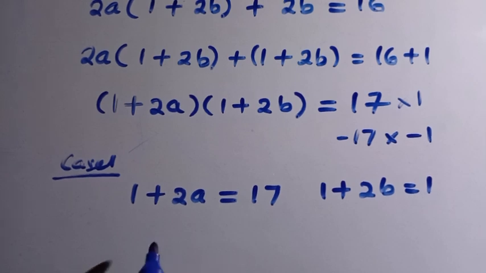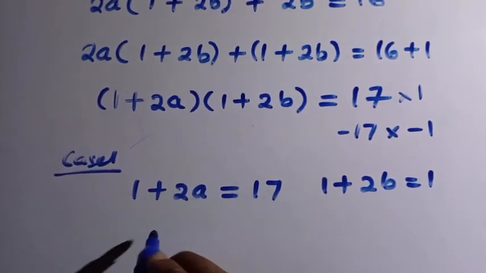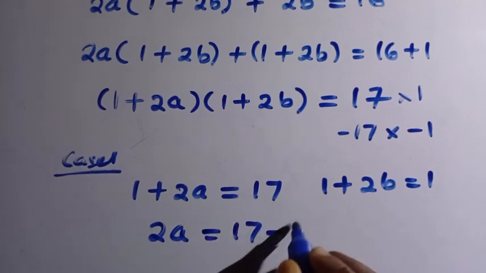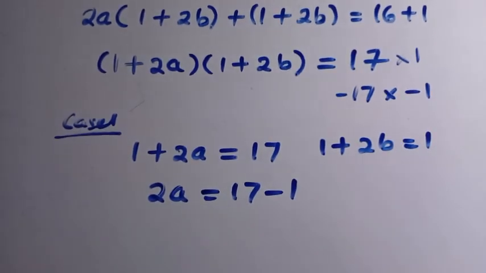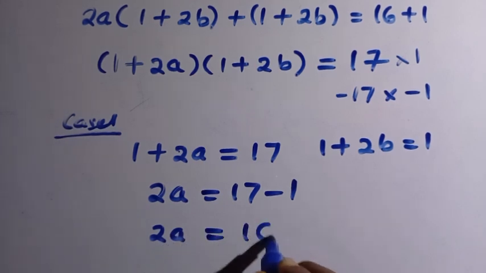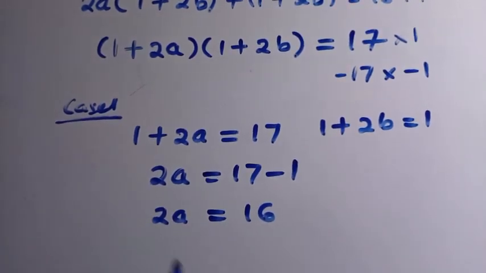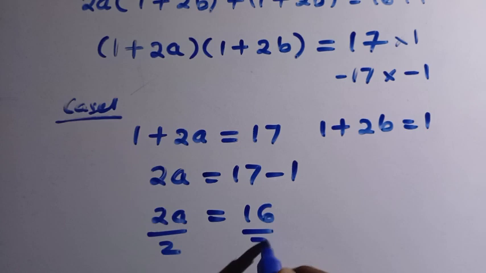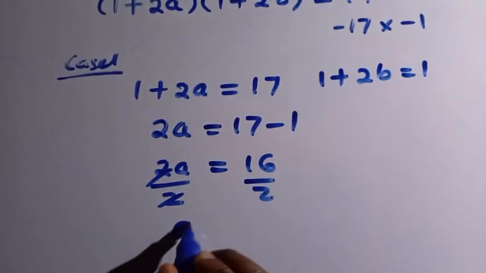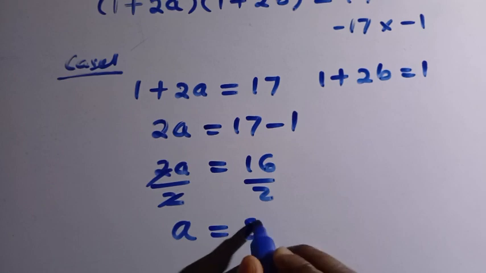Alright, so when we take 1 to the other side, we have 2a equals 17 minus 1, so 2a equals 16. By dividing both sides by 2, we have a equals 8.